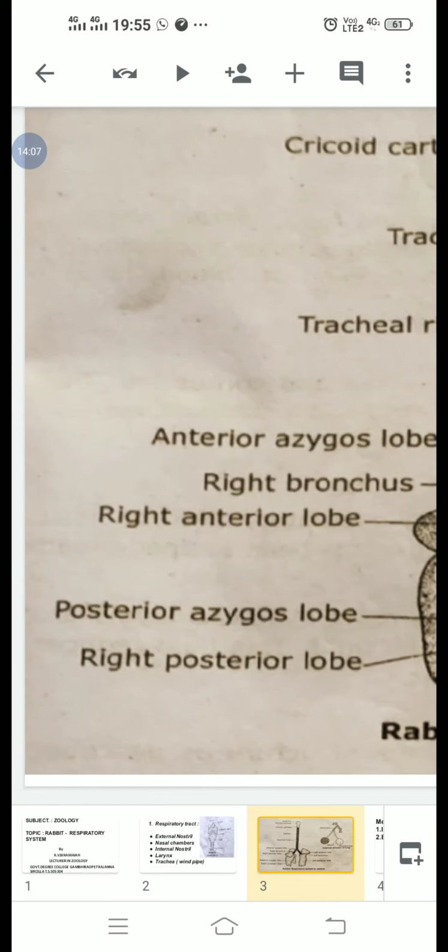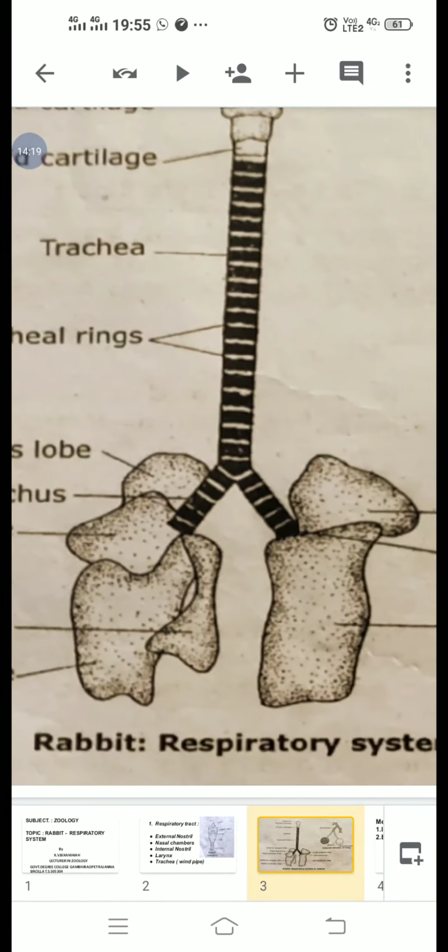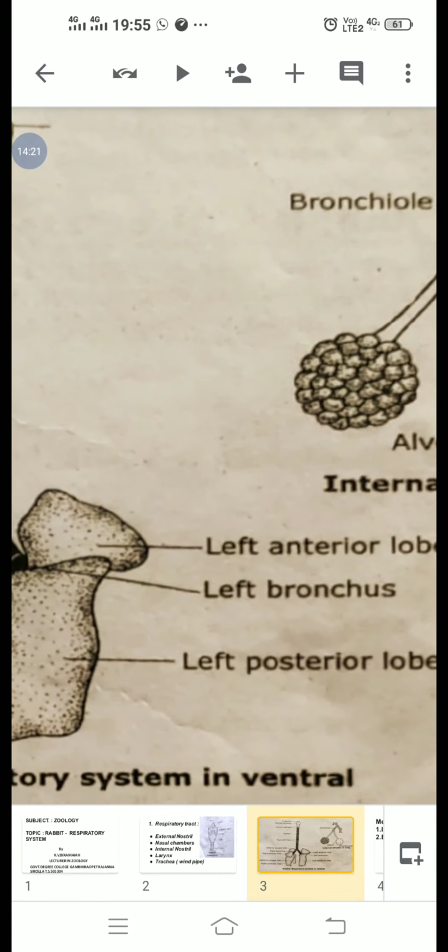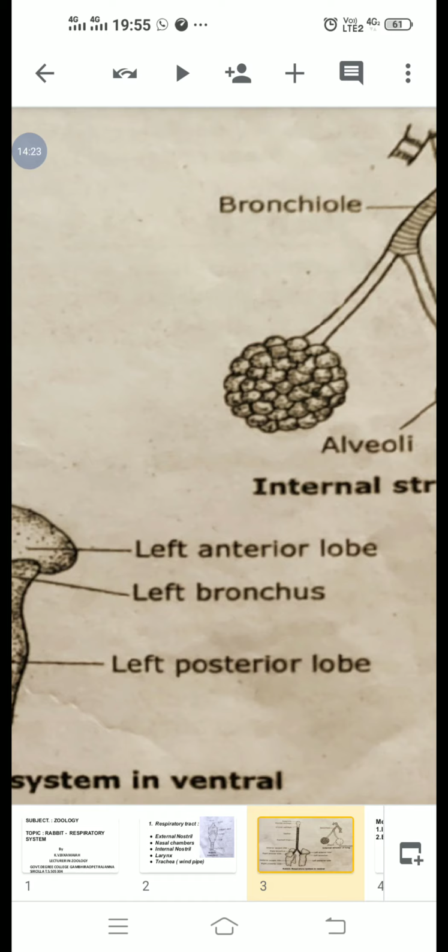This is the right lung of rabbit with four lobes, and the left lung with two lobes.